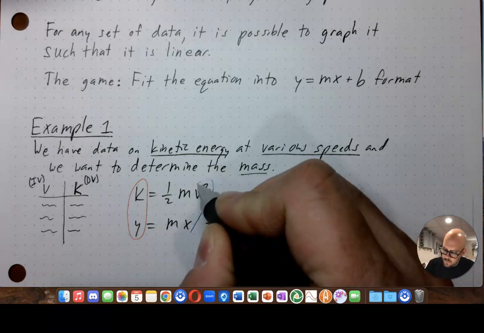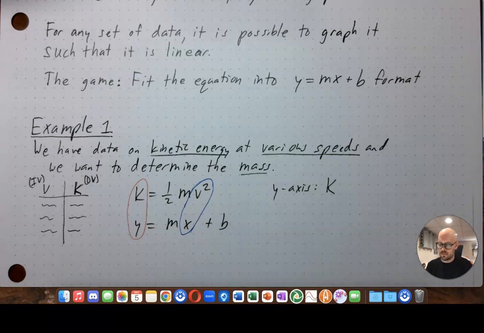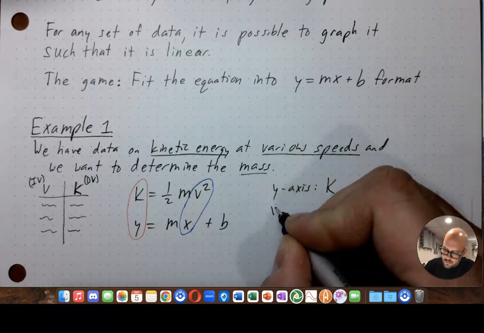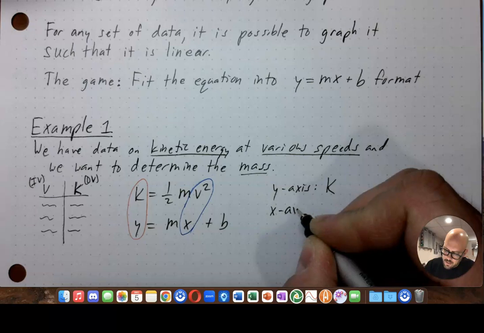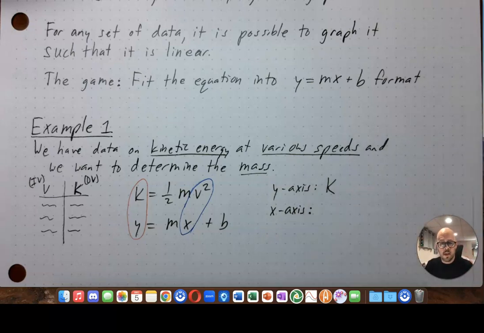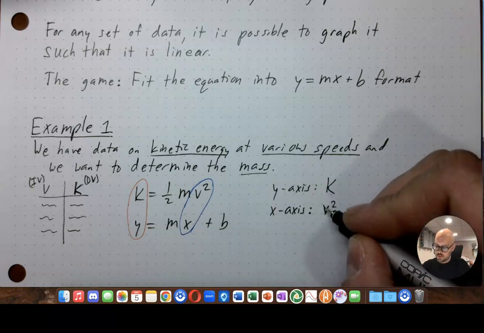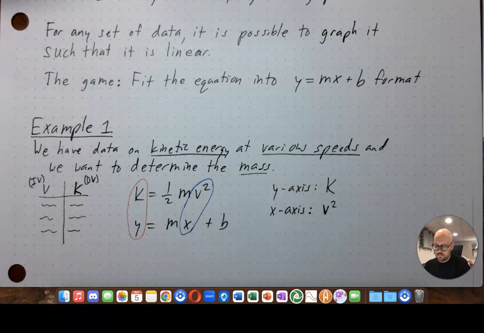So I'm going to put that as my x-axis variable. So here's where the linearization comes into play. I'm going to make this a linear graph by graphing the data in a specific way. I'm not going to graph kinetic energy versus speed. I'm going to graph kinetic energy versus speed squared. And that's going to involve some work, but it's just fine.